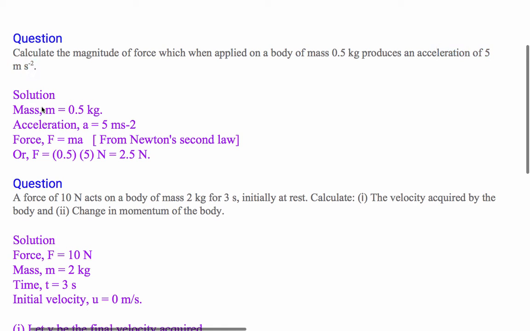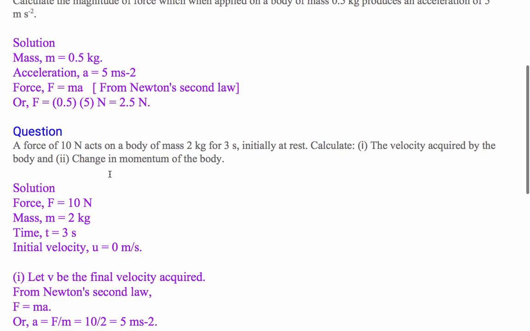So we know the mass, we know the acceleration. Again, mathematical form of Newton's second law, F equals ma. 0.5 into 5, 5 5s are 25, decimal point 1 digit before, so 2.5 Newton. What is the SI unit for force? It is Newton. For mass it is kg, and for acceleration it is meter per second square. Fine.